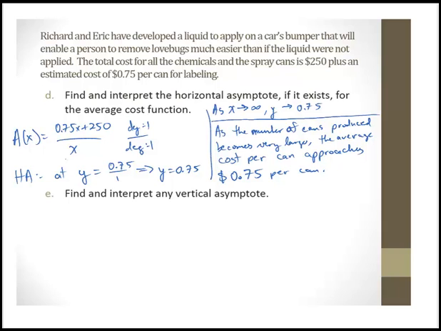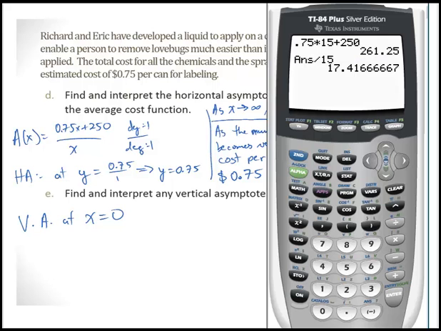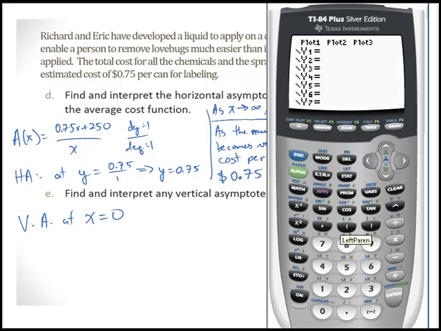Well, looking at the function, we would expect a vertical asymptote at x equals 0. Now again, we can't have negative values of x, so if we were to consider small positive values of x, what would happen if x was very small? Well, let's look at the graph. Let's graph this function on the calculator.